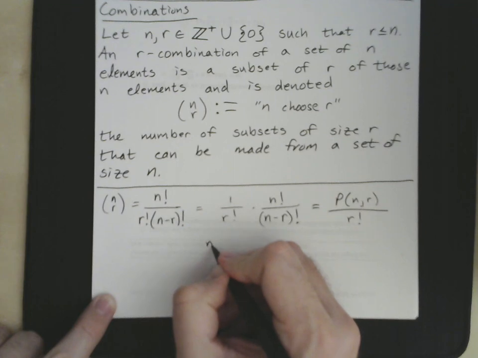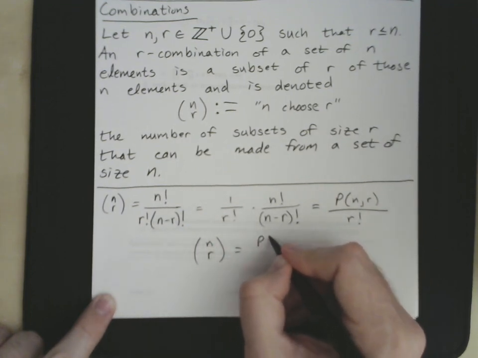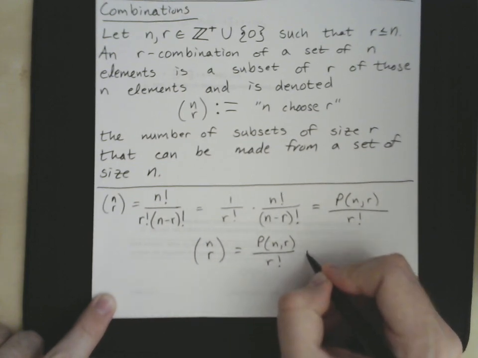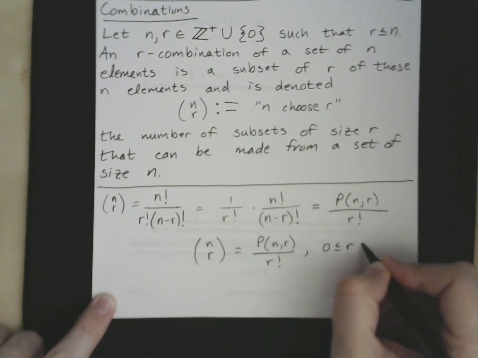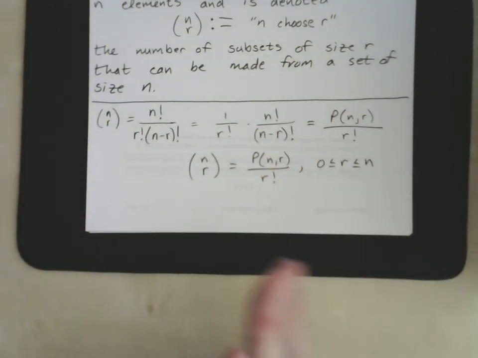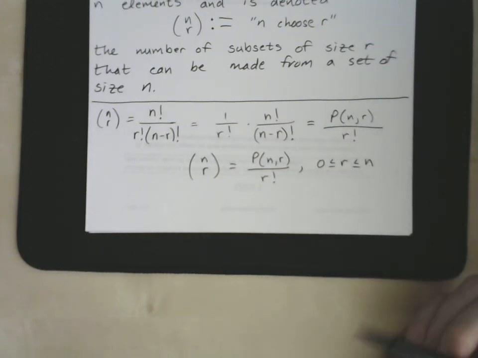A lot of times we see the formula for n choose R as P of n comma R over R factorial for 0 less than or equal to R less than or equal to n. So this is how permutations and combinations are related. There are always fewer combinations than there are permutations.